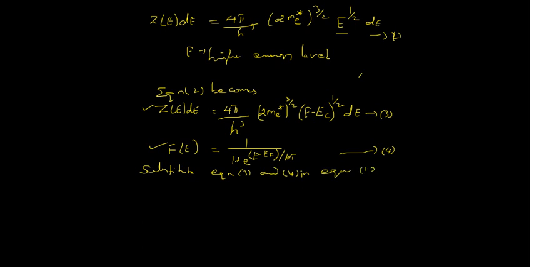While substituting that, you will get n is equal to, take the common terms outside, and only the changing terms will be taken inside the integration. 2 me star power 3 by 2, integral from EC to infinity of E minus EC power 1 by 2, and f of E, that is 1 by 1 plus e power E minus EF by kT, into dE.